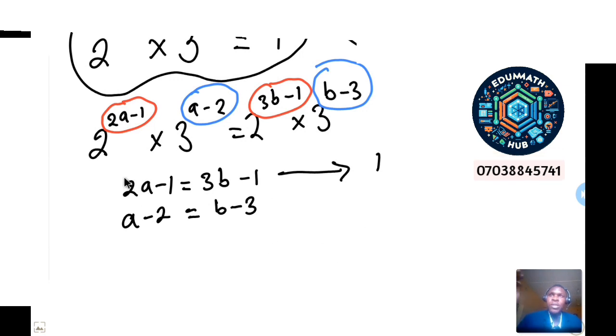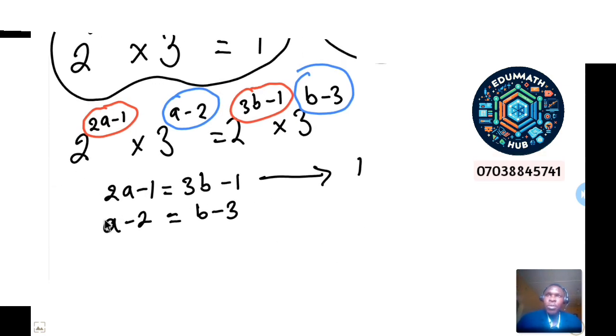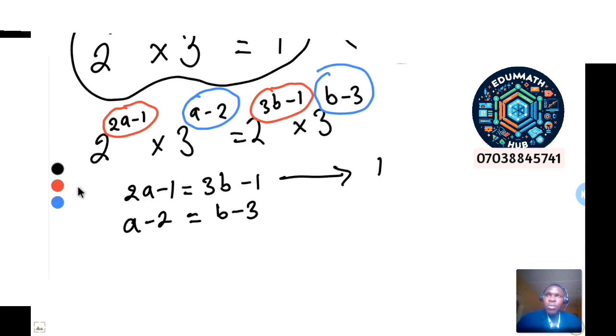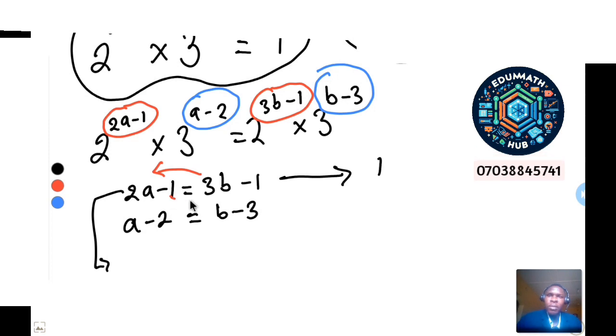To rearrange it, let's rearrange the first one first. You have 2a. Let's bring this b to this side, then we'll bring this 1 to the other side. 2a is already here, so you write 2a.